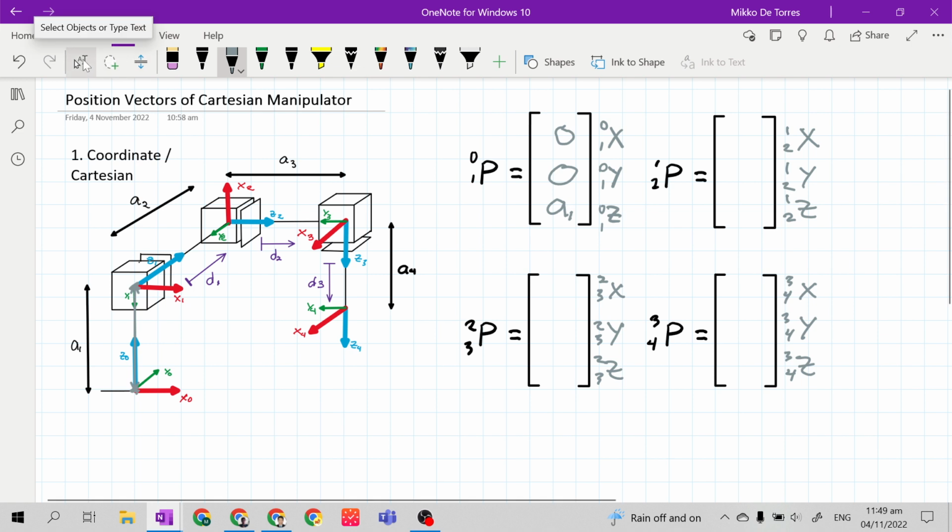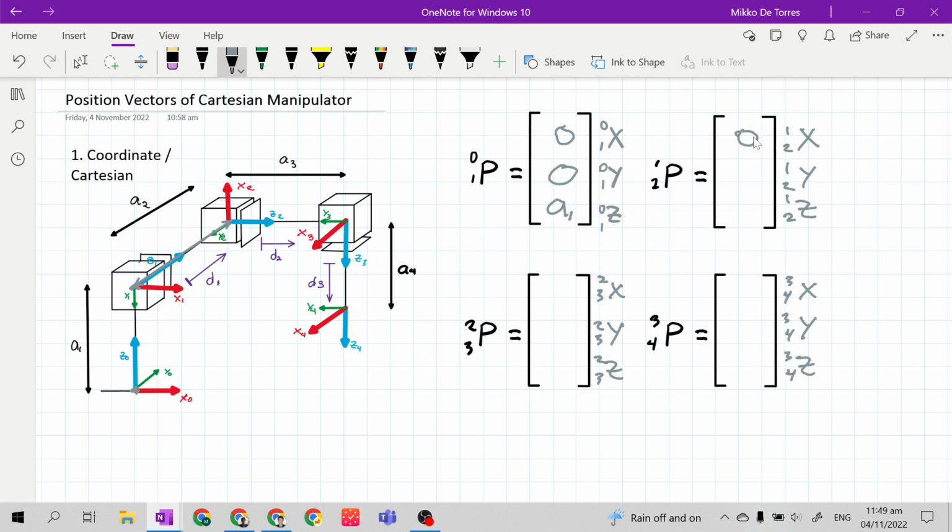Okay, next. We will go to frame 1 and frame 2, the distance between the origin of frame 1 and frame 2. So the reference frame is frame 1. Along the x sub 1 axis, there is no link length, so this is also 0.